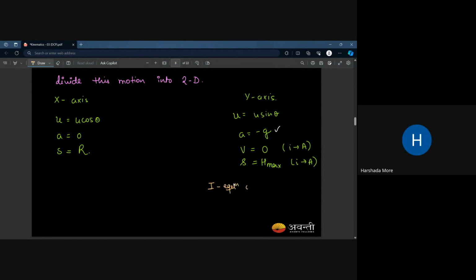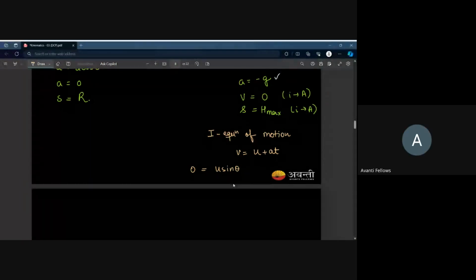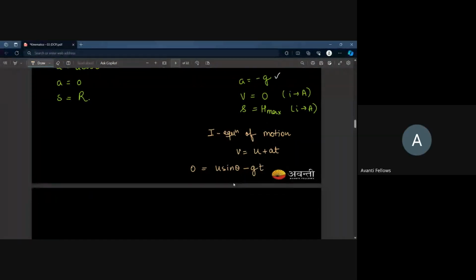Yes, ma'am. First equation of motion is v equals u plus at. So here v is 0, u is u sine theta, a is minus g, and this is t.